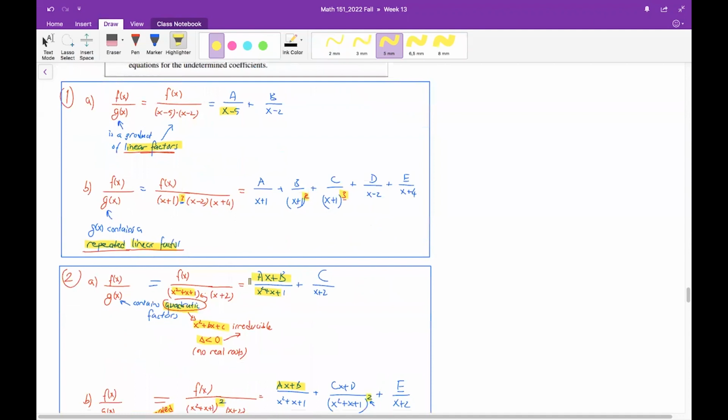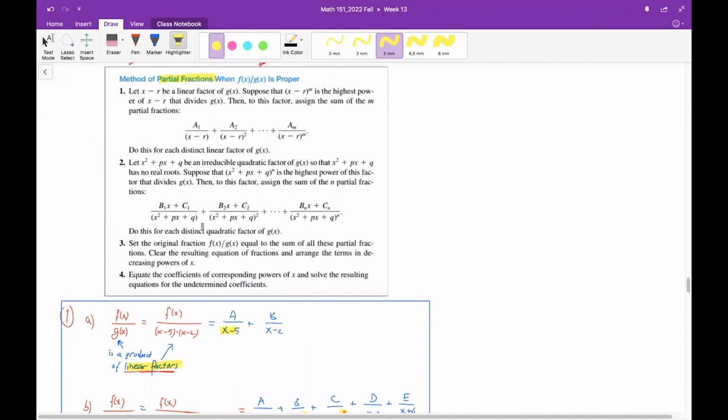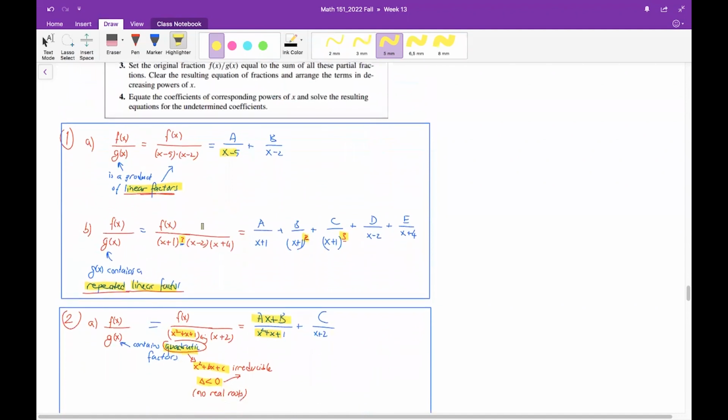Let me describe the steps given in your course book, and explain them in a simpler way. First, if the denominator g of x is a product of linear factors, like this example of two linear factors. By the way, what's a linear factor?